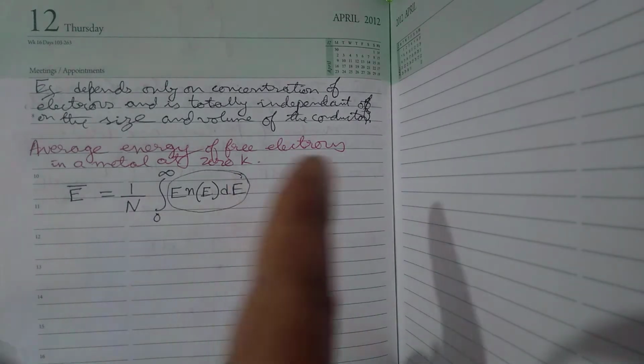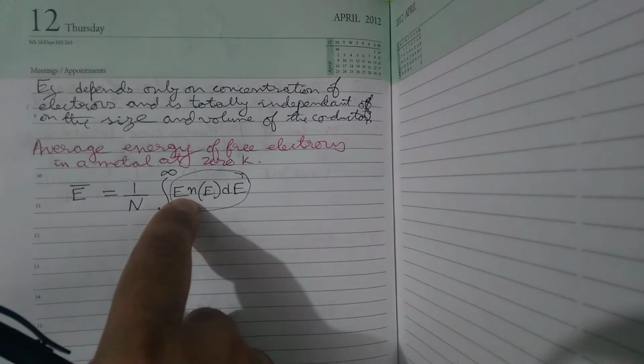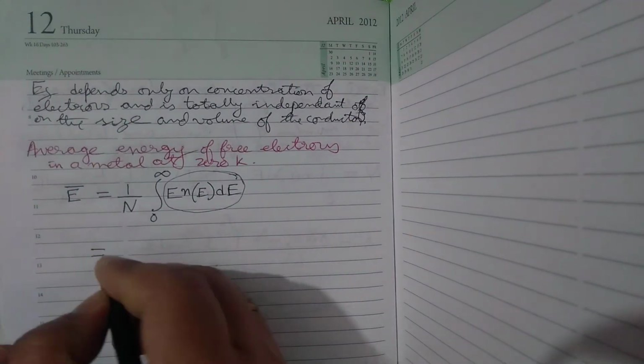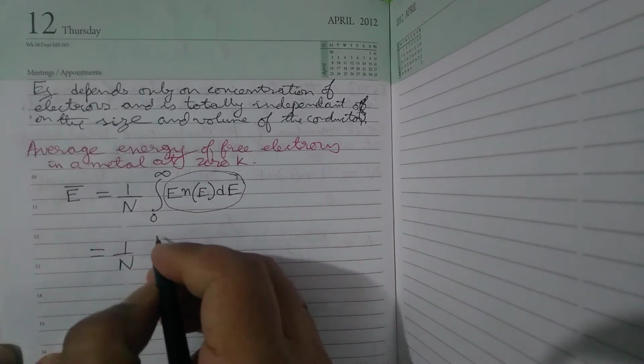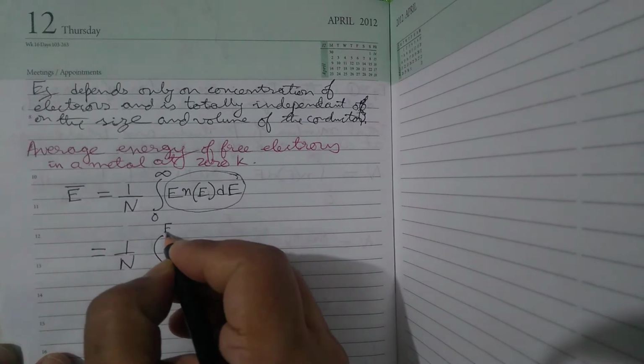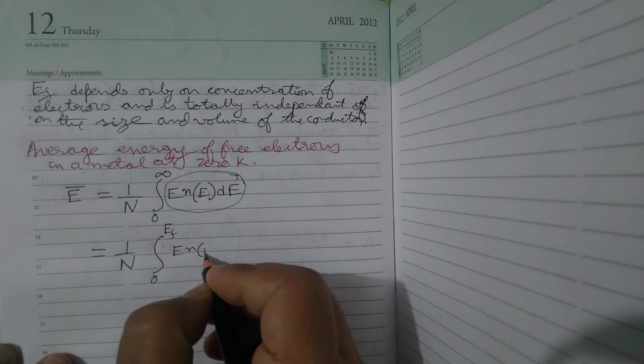Along the entire range it will be the integration from 0 to infinity of E N(E) dE. Now the average will be this divided by N. So it will be 1 by N, integration from 0 to EF, E into N(E) dE.